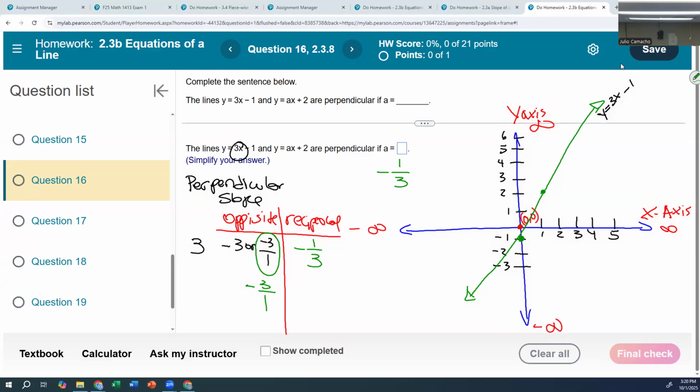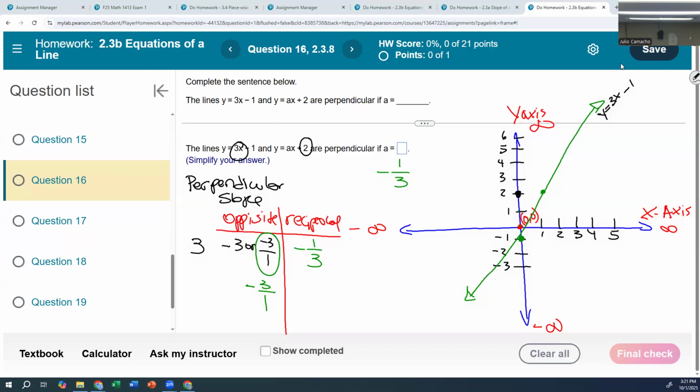And let's prove that. Let me use another color, black. So the y-intercept of the second line is positive 2, right here. The first slope is positive, y is equal to 3x minus 1, but the slope of the second line is negative 1/3.